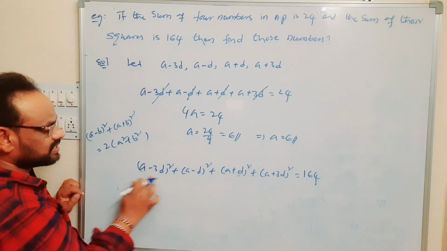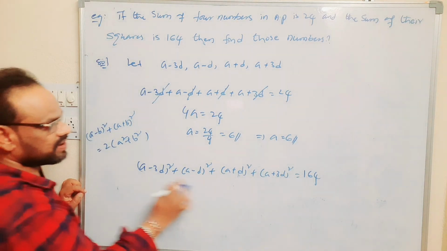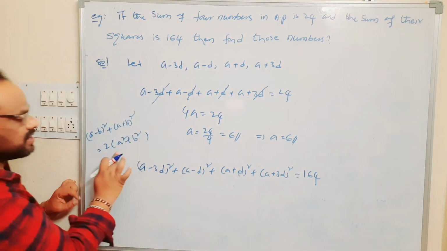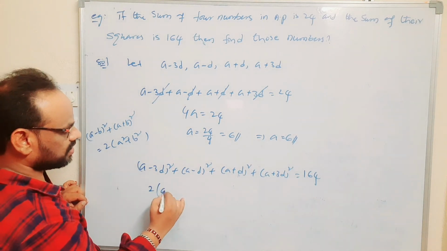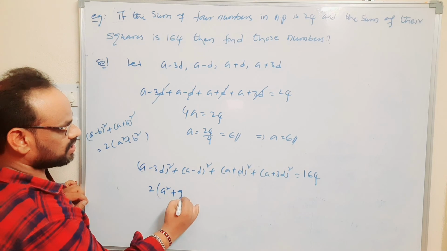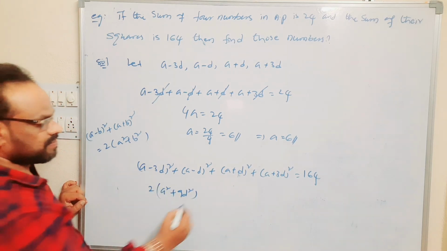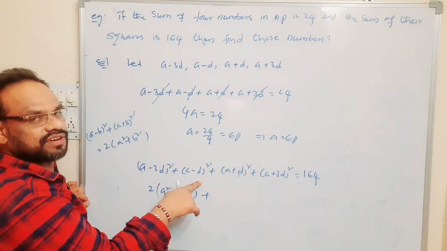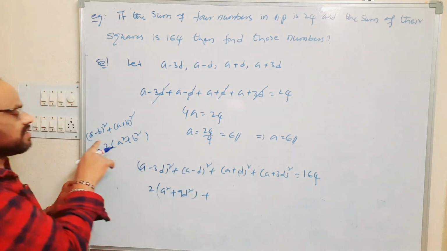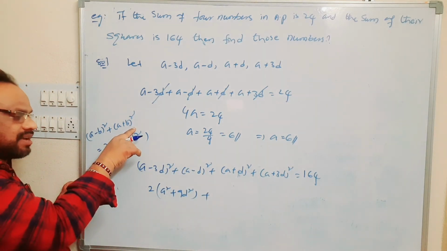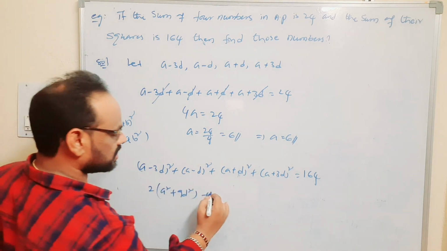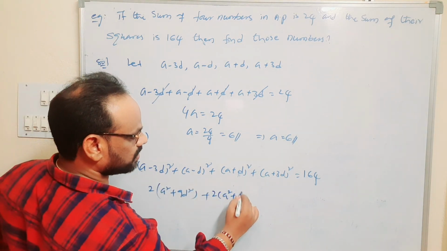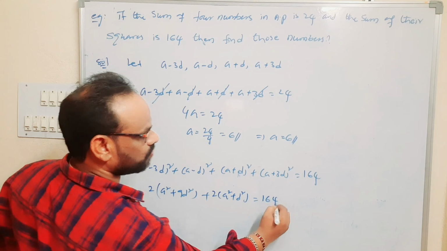So a minus 3d whole square plus a plus 3d whole square is 2 times of a square plus 9d square. Again, a minus d whole square plus a plus d whole square, using the same formula, is 2 times of a square plus d square, so the total is equal to 164.